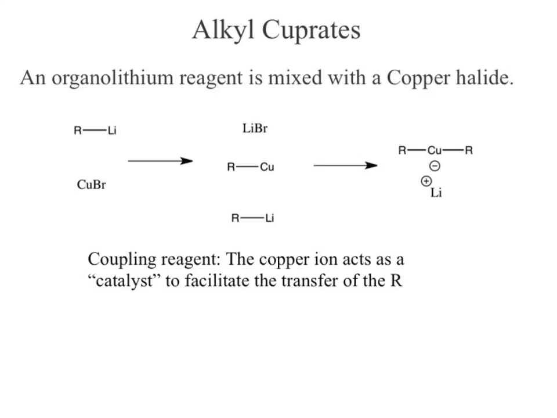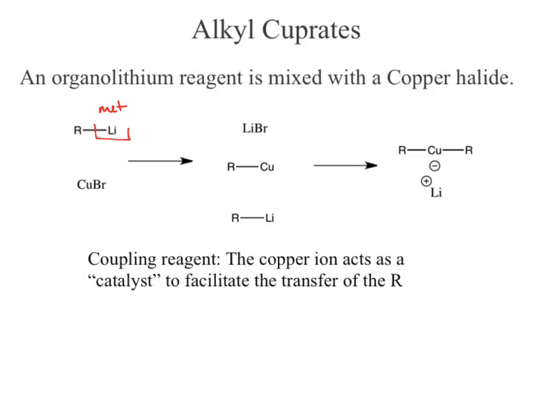Okay, when we move to the alkyl cuprates, what's happening now? Well, we'll take a carbon lithium compound. Okay, what charge would that carbon be? Negative. How do you know the carbon is negative in a carbon lithium compound? Why is lithium positive?